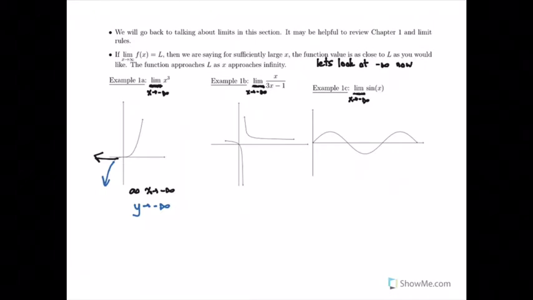And again, we can think about this algebraically by, quote unquote, plugging in negative infinity. And the difference here, and why this is nice to do sometimes, is that when you cube a negative number, it stays negative, and that's where that negative infinity comes from.